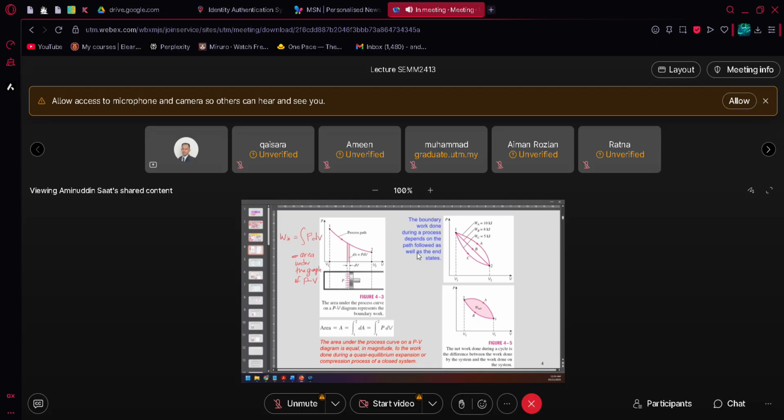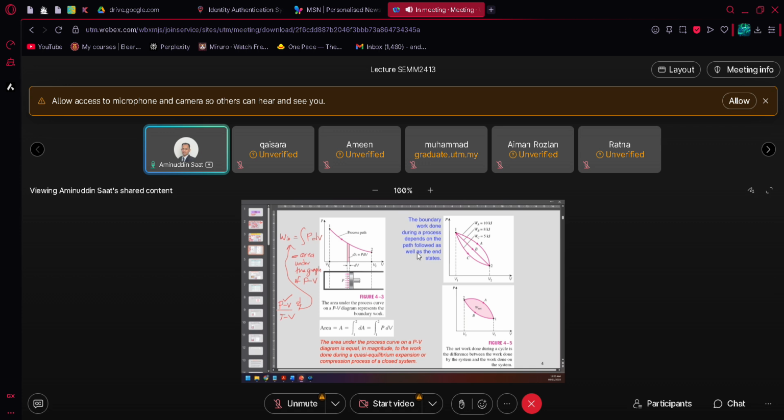If you recall back in chapter 2, we always asked you to plot the PV diagram and TV diagram. Why? Because in the PV diagram, the area under the graph is used to define the boundary work. TV we will look into later. Generally TV will be related to the heat, but not specifically.